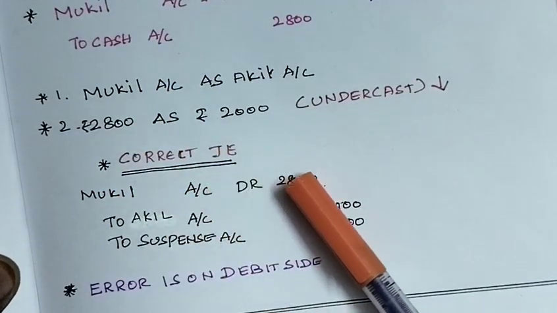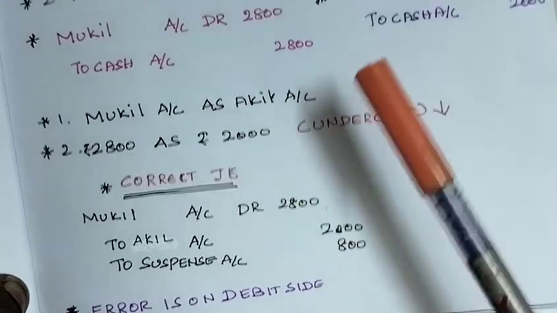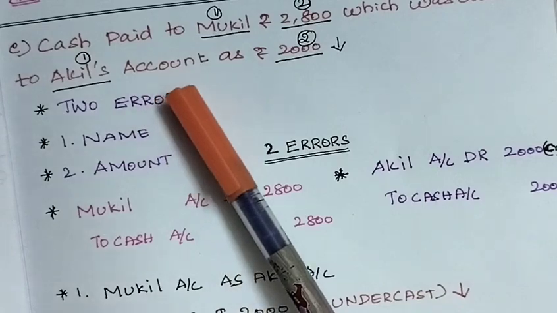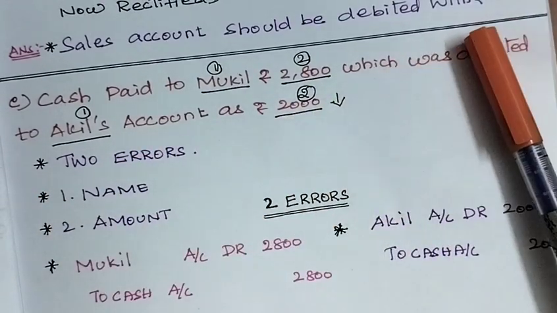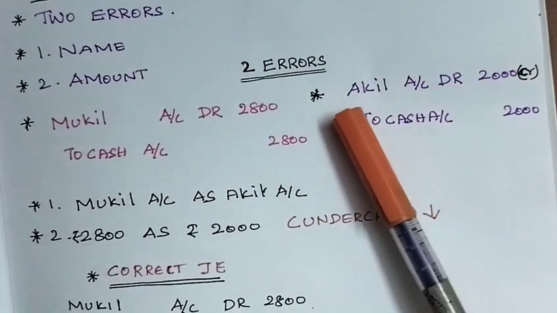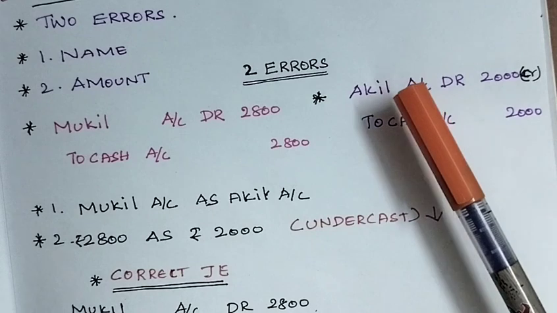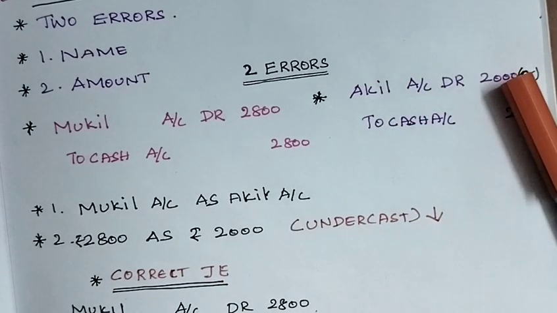Mukil account debit 2800 rupees. Then Akhil account was debited, 2000 rupees debited. So this is the error.